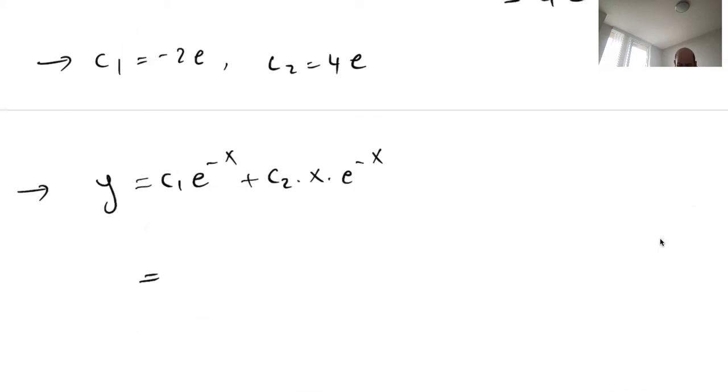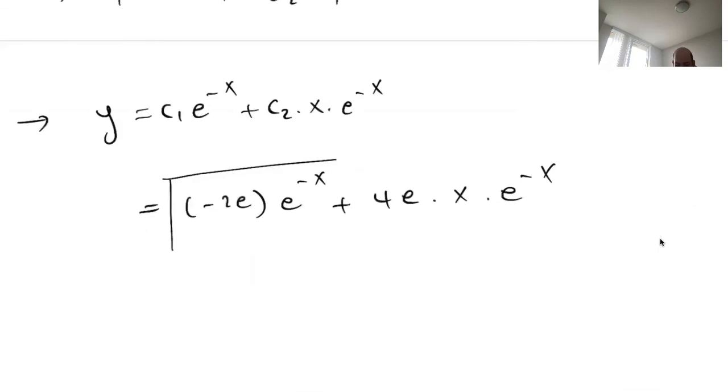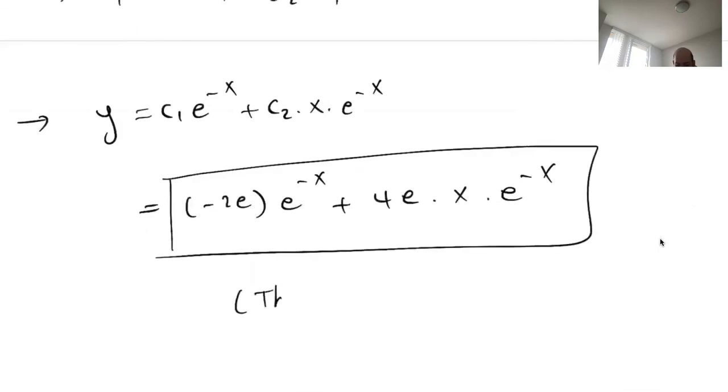And then that will be minus 2e e to power minus x plus 4e x e to power minus x. So this is the solution of the IVP above.